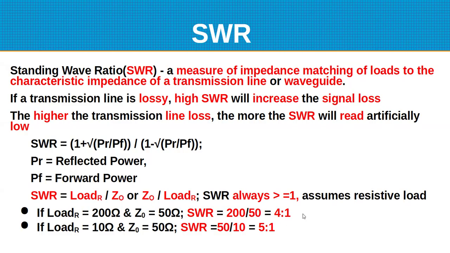Now, if you go to the one right underneath it, it's the exact same thing. We have 10 ohms and Z0 equals 50, but yet we write it this way, 50 divided by 10. We swapped it for some reason, but it is exactly the same. Right. Remember I said that there were some questions trying to trick you.